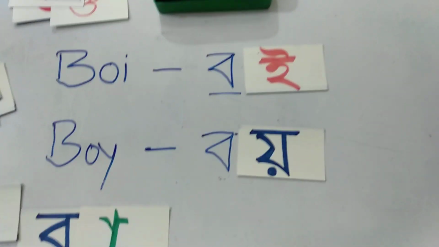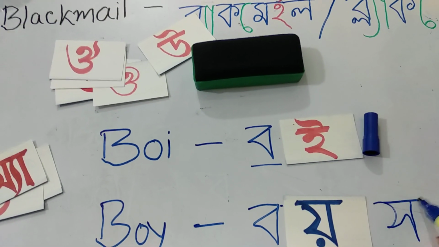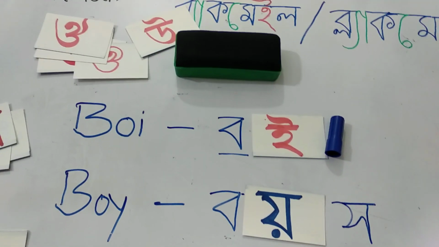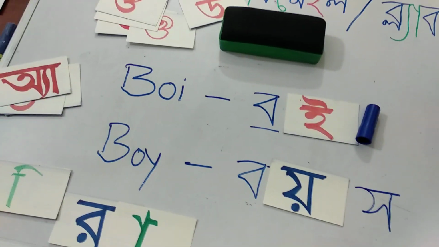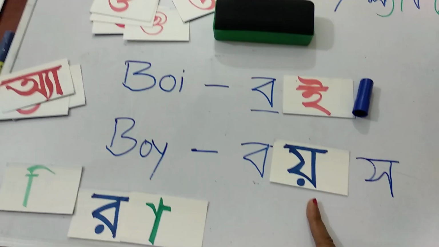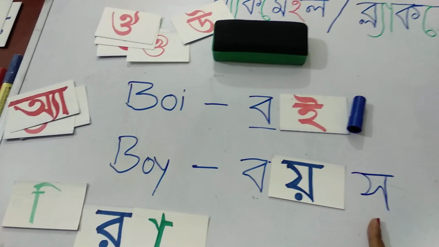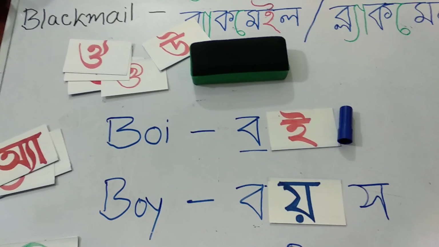Okay, now we'll add something else. We will add shaw with it. Now, how to pronounce it? Boyosh. Okay. Rule number 3. If "o" appears in the middle of any word and is followed by any closed vowel, then it will be pronounced as oyo.